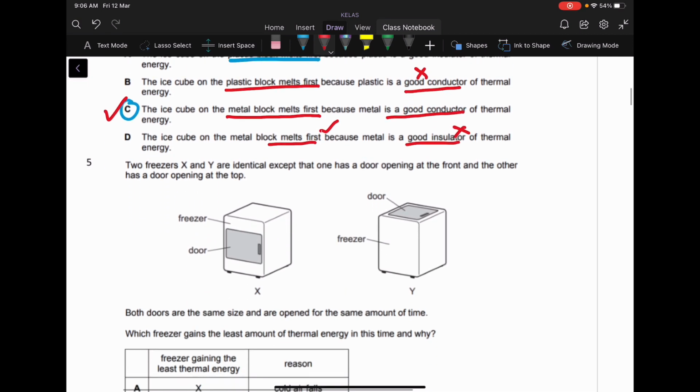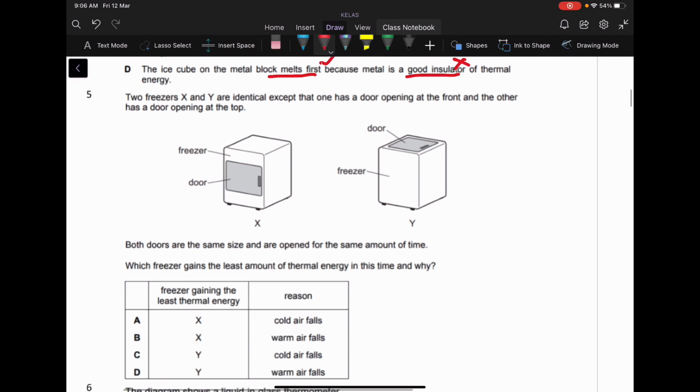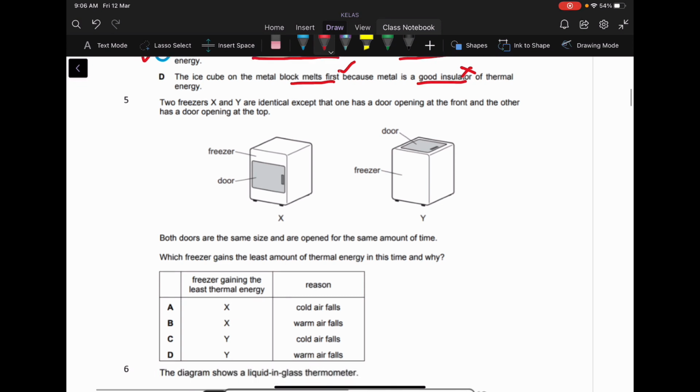Number 5. The freezers X and Y are identical except that one has a door opening at the front and the other has a door opening at the top. Both doors are the same size and are opened for the same amount of time. Which freezer gains the least amount of thermal energy in this time and why? This is about heat transfer. What's the difference between diagram X and Y?